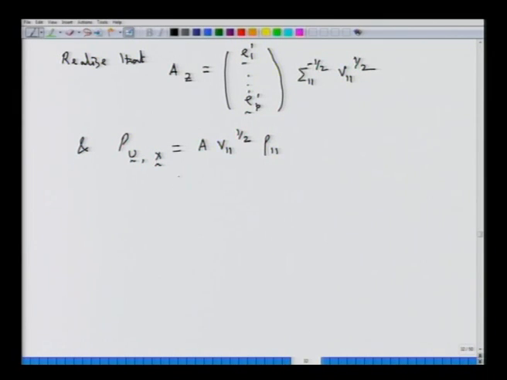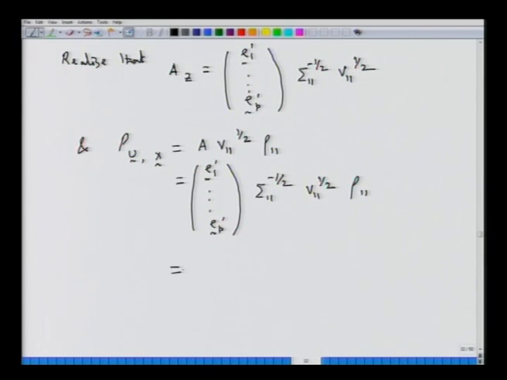Now, what we are going to do is write this A matrix. What was the A matrix? The A matrix was E1 prime, E2 prime, EP prime, times sigma 11 to the power minus half. This was the A matrix in the previous non-standardized variable setup, and what we have now is that multiplied by V11 to the power plus half times this rho 11 matrix.